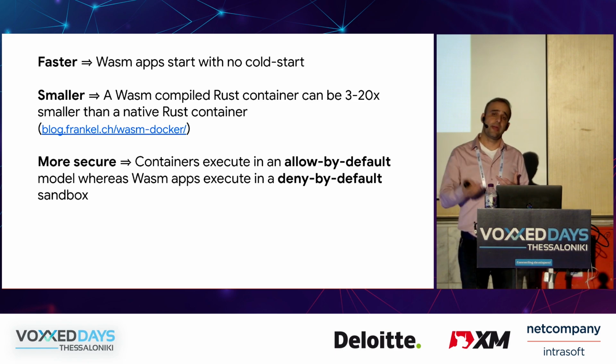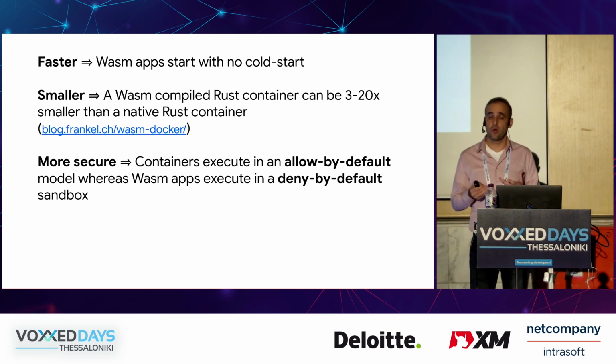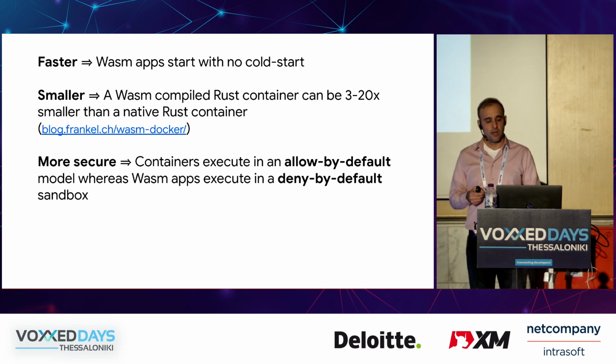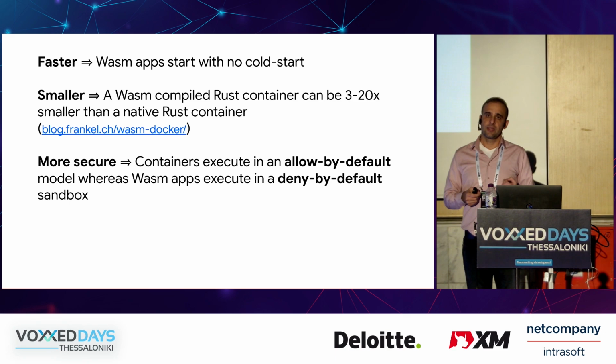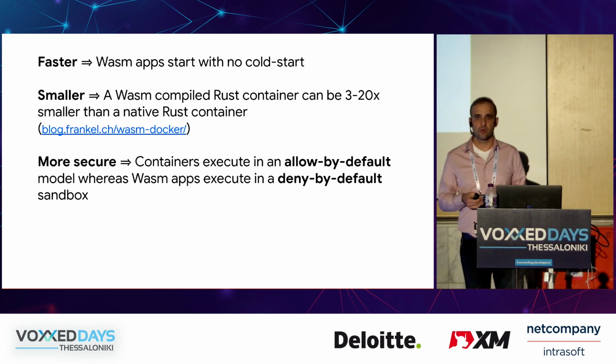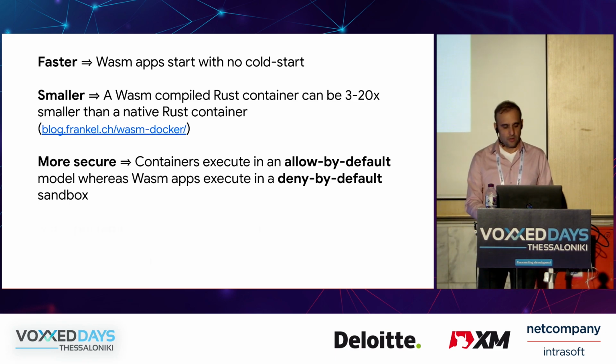Am I relying on a base image that's secure? I don't know. You have to be really expert in knowing that your container is really secure. Whereas in WebAssembly, the security policy is deny by default. Everything is denied, and you need to explicitly enable functionalities. And that enables you to have more secure modules by default.